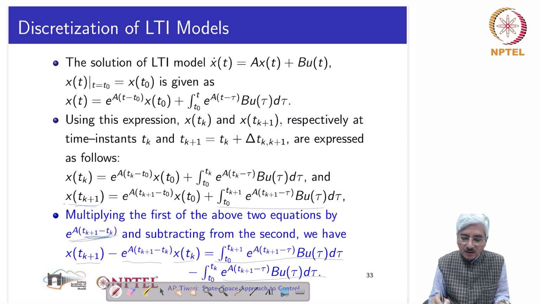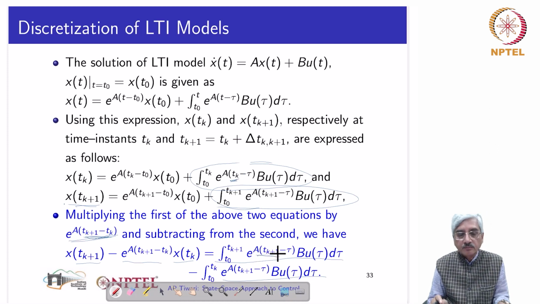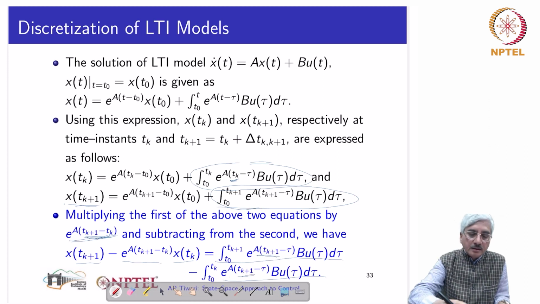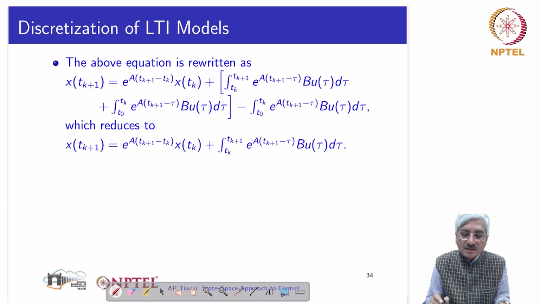So this thing minus e power A delta t multiplied by this integral, and that e power A delta t, when it adds to e power A tk, gives e power A tk plus 1 here. And we can simplify that.